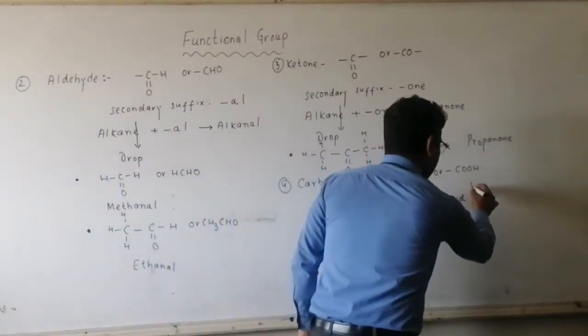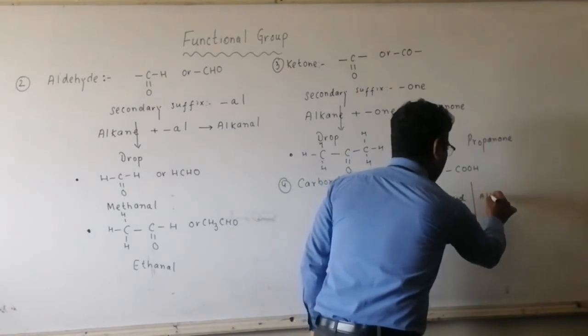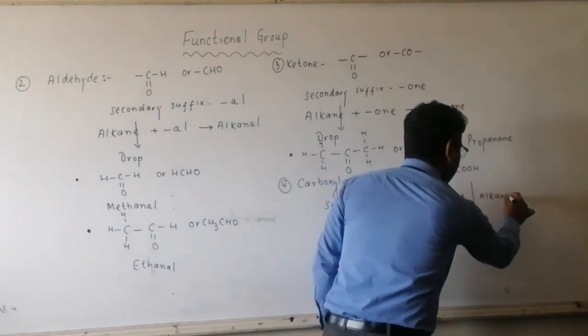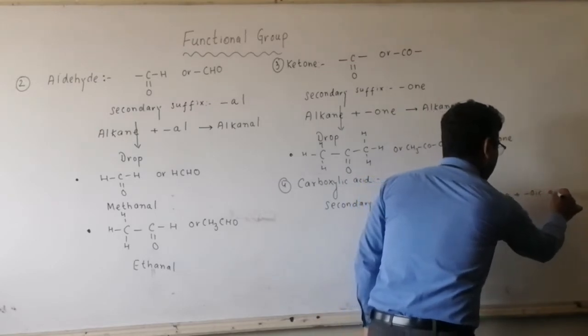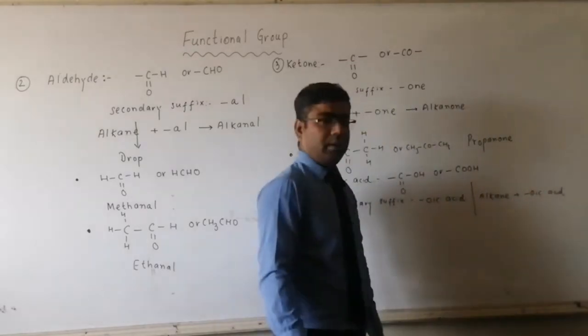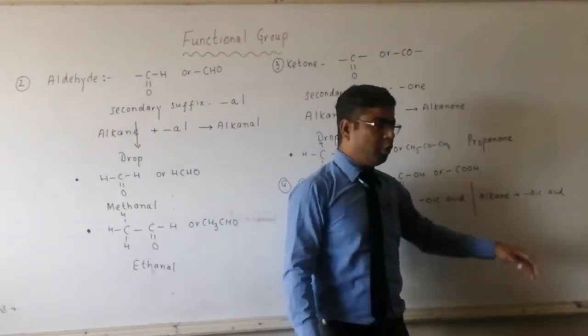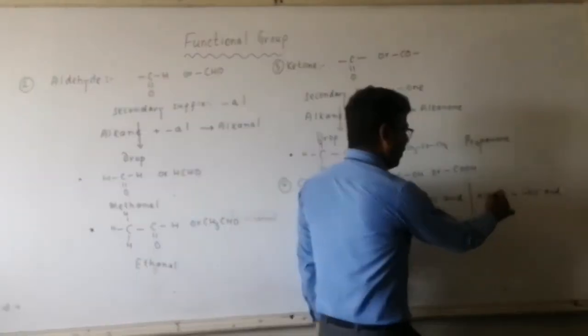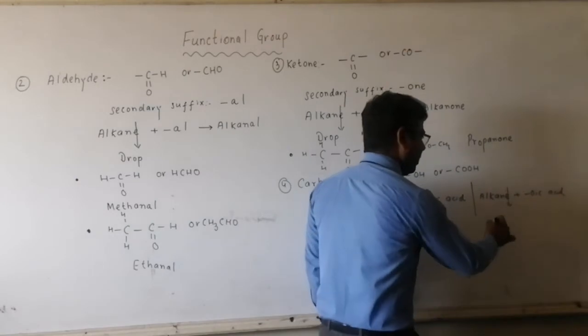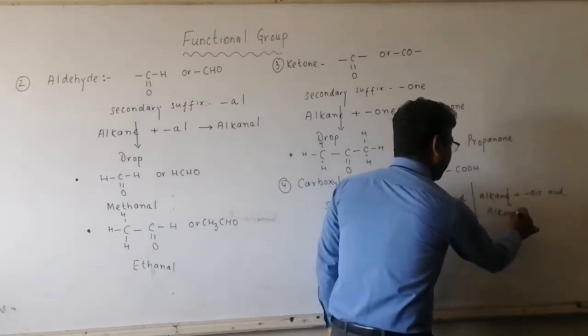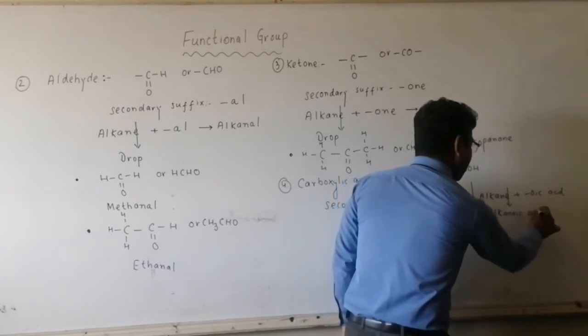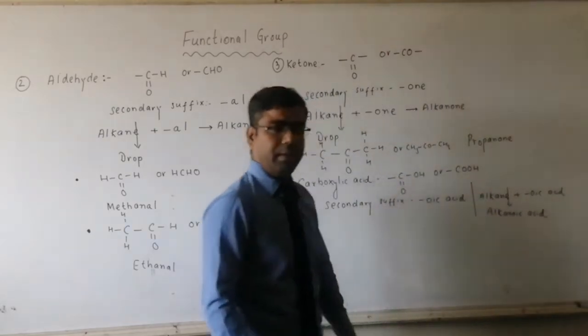Now, add oic acid to alkane. Again, the first letter of the group is a vowel, so we have to drop E from here, as a result of which we will get the nomenclature as alkanoic acid.